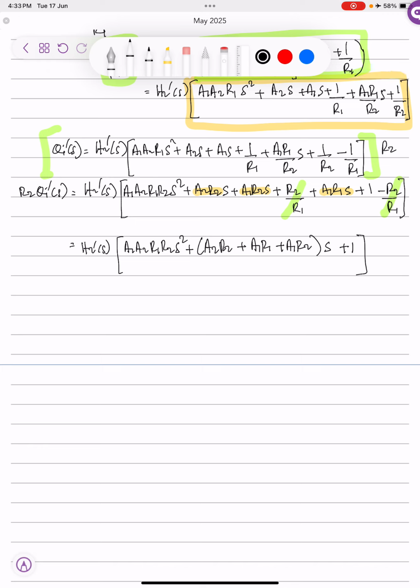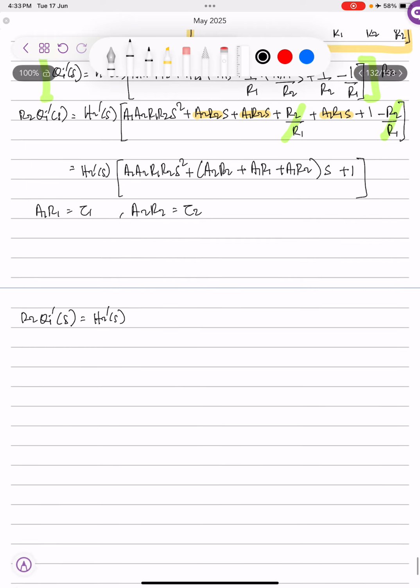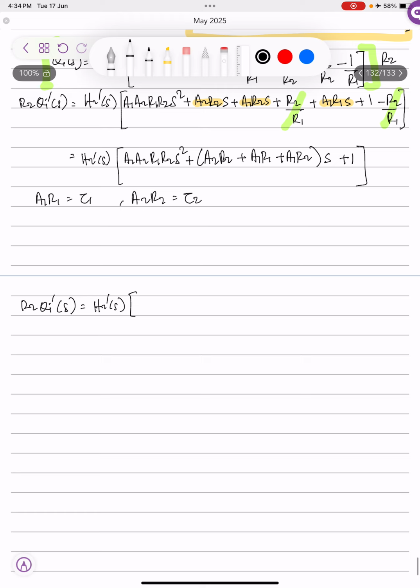Now if I define A1 R1 equals tau 1 and A2 R2 equals tau 2, then I can rewrite this equation as R2 Qi'(s) equals H2'(s) times (tau 1 tau 2 s squared plus (tau 2 plus tau 1 plus A1 R2) s plus 1).